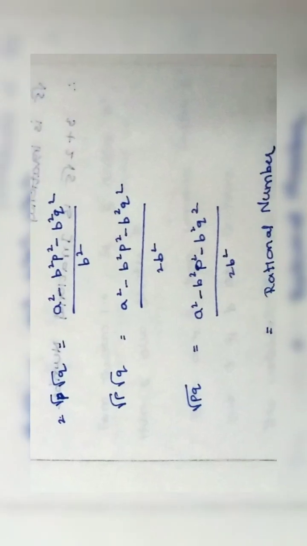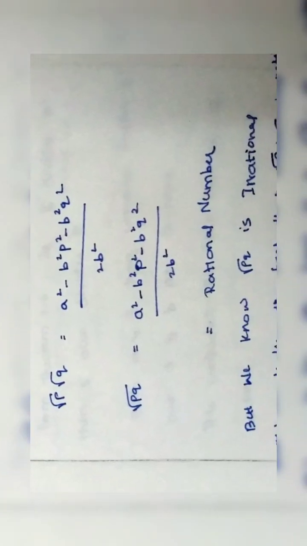So root p into root q is equal to a square minus b square p minus b square q by 2b square.